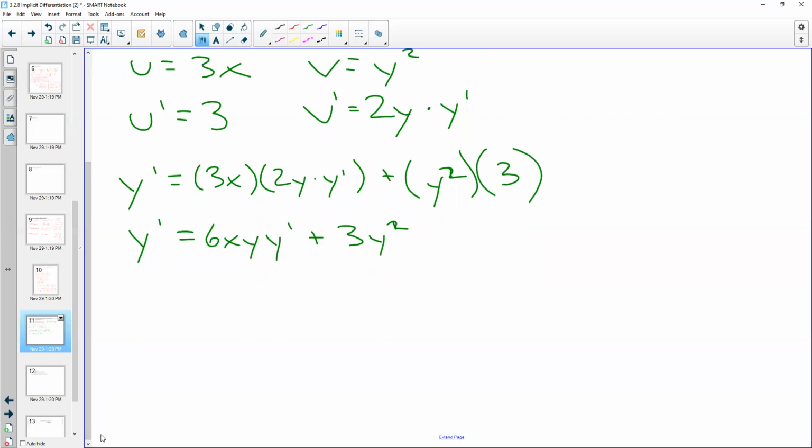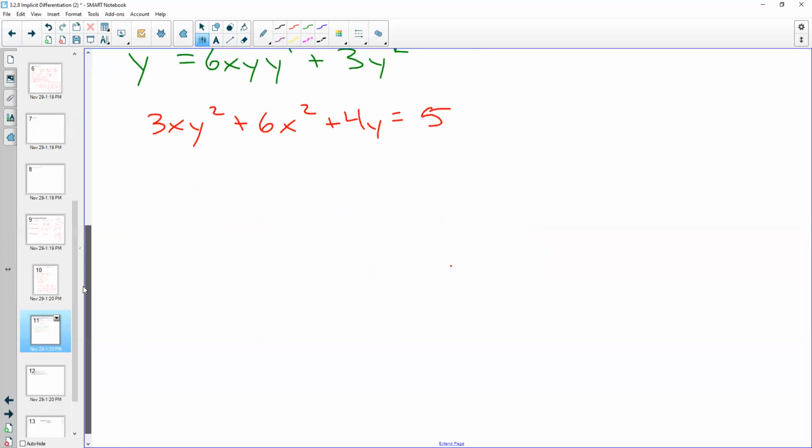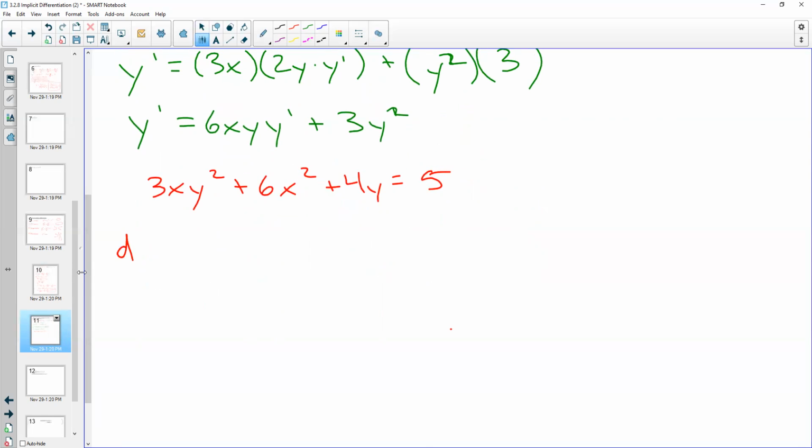So our function again is 3xy squared plus 6x squared plus 4y is equal to 5. Now we will take the derivative of each term. So the derivative of 3xy squared with respect to x. We already found this one, right?